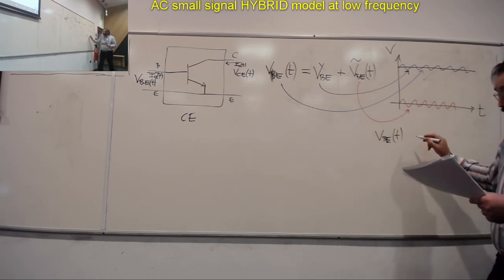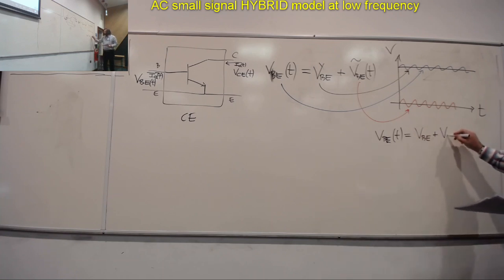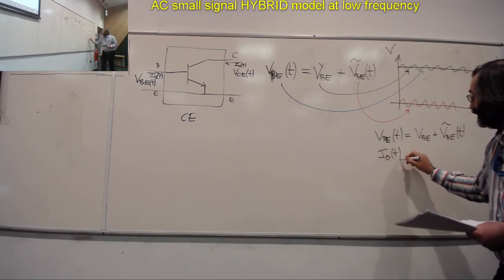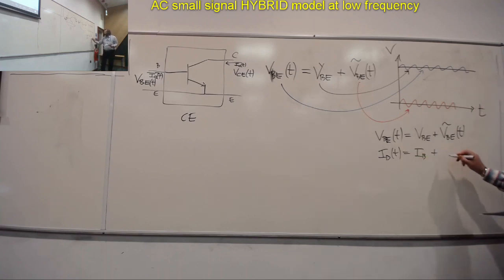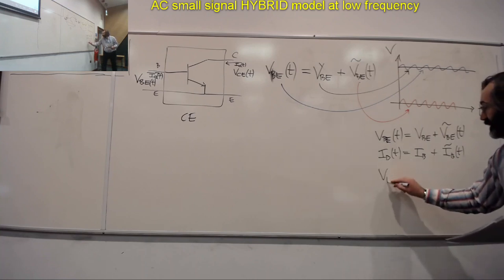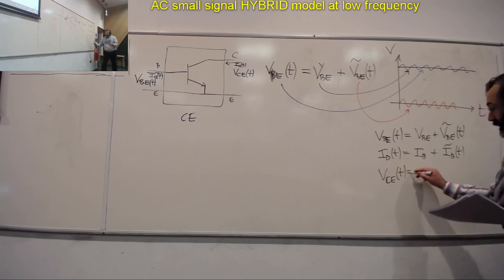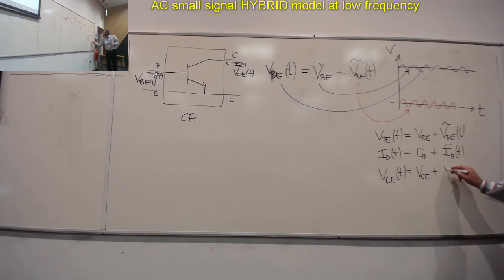VB T is, as we did there, VBE plus VB tilde T. Then we have IB T is IB, this is the DC part, plus IB tilde T, this is the AC component. And then we have VCE T will be VCE plus VCE tilde.